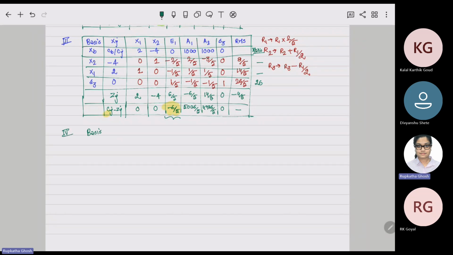your basis XB, X2, X1, E1, Xj, CB by Cj, minus 4, 2, and E1 is currently 0, X1, X2, E1, A1, A2, S3, right hand side, 2 minus 4, 0, 1000, 1000, 0.